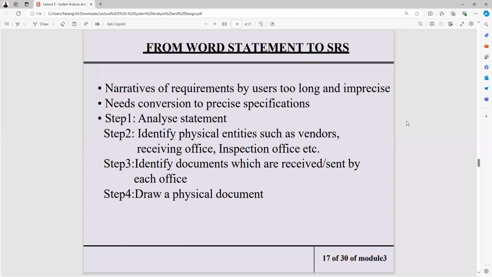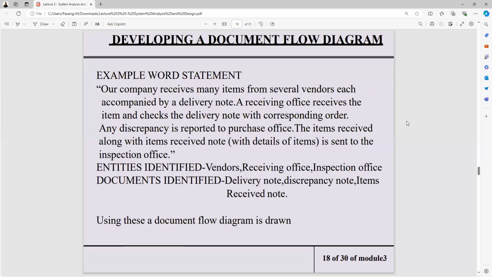As step two, we need to identify the physical entities such as the vendors, receiving office and the inspection office. As the third step, we need to identify the documents which are received or sent by each office. As the fourth step, we need to draw a physical document once we have completed the other three steps. Now we are moving to an example. First read this example carefully.